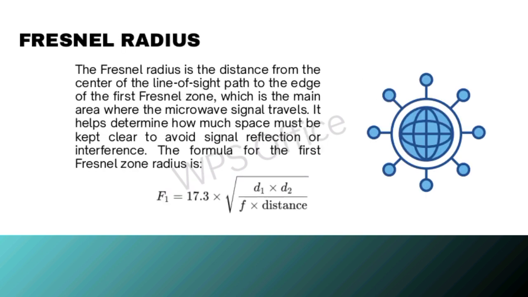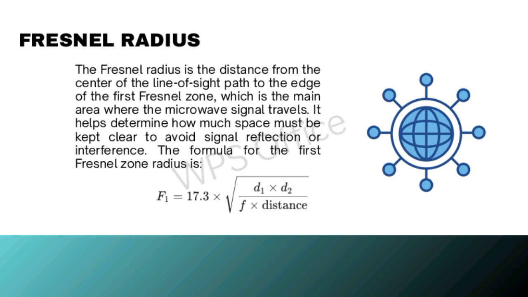The Fresnel radius is like an invisible tunnel around the line connecting two antennas that send signals to each other. Imagine you are shining a flashlight straight at your friend far away. That beam of light spreads out a little, right? The Fresnel zone is like that spread out area around the signal path.